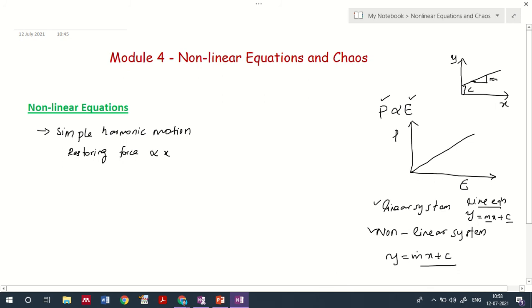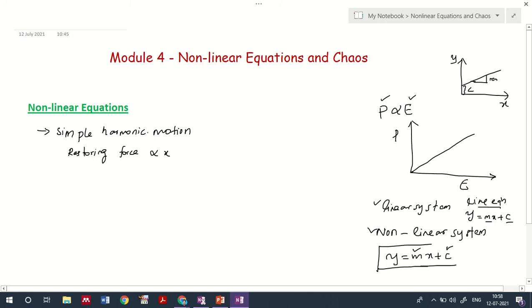We can represent a linear equation in other ways also, but if you simply represent a line equation, it takes the form y equals mx plus c, and you can easily find the slope and the intercept of that line. Mainly, y should be proportional to x. That is what we also see in simple harmonic motion.